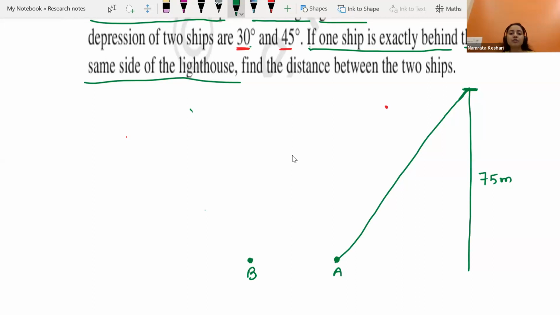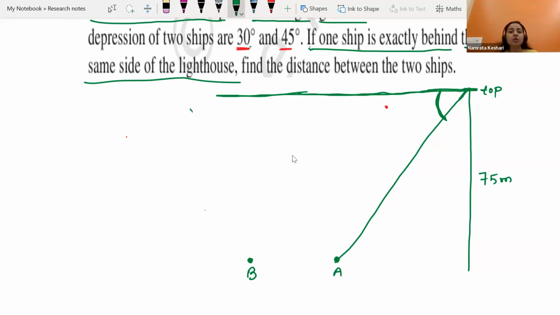And angle of depression means what? From the top only, we need to draw a horizontal line. This is how we always get the angle of depression. A horizontal line parallel to the ground level we are drawing, and this angle will be the angle of depression for ship A.